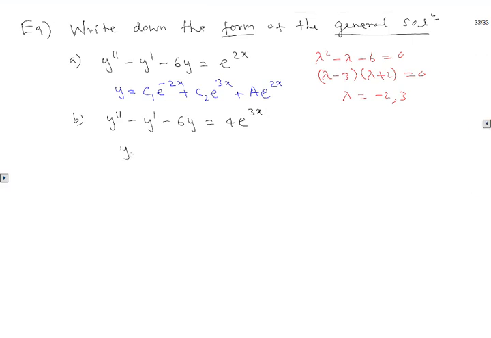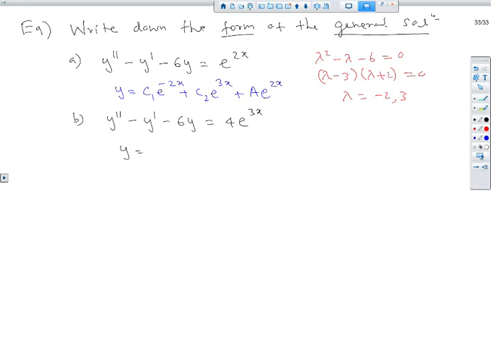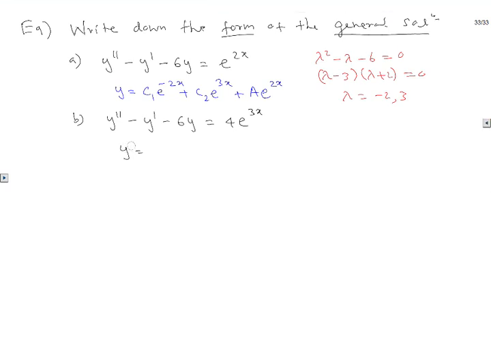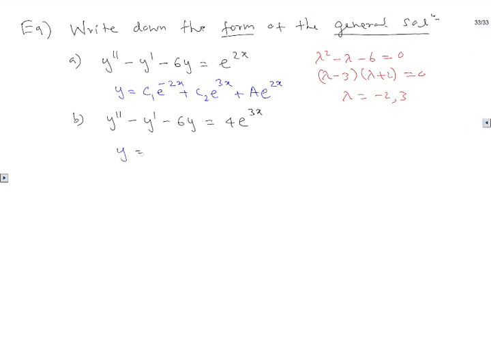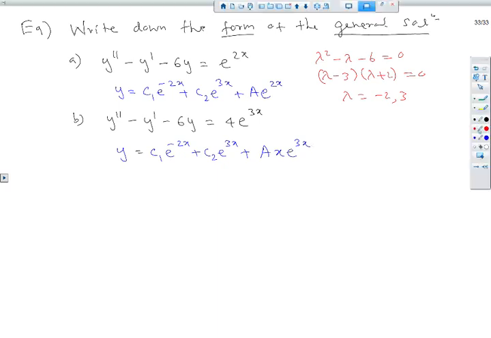So in this case y is simply c1 e to the negative 2x, no problem, c2 e to the 3x, no problem, but now it's going to match, so you have to add an extra x e to the 3x to find a linearly independent solution. Good.